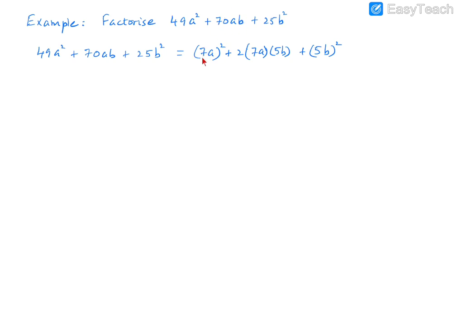So we have 49a square as 7a the whole square, and 70ab as 2 into 7a into 5b, and this is the y square, which is 5b the whole square. So basically the 7a is denoting the x, the 7a again is x, the 5b is y, and the 5b here also is y.